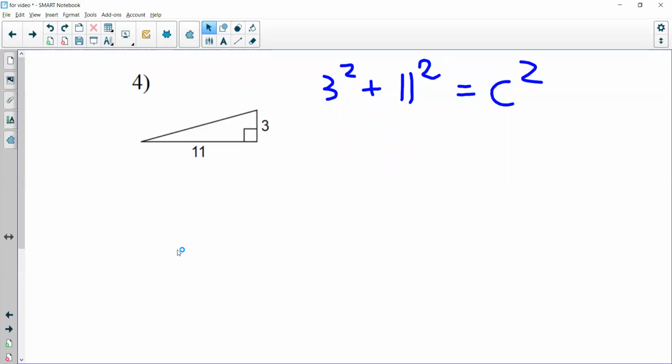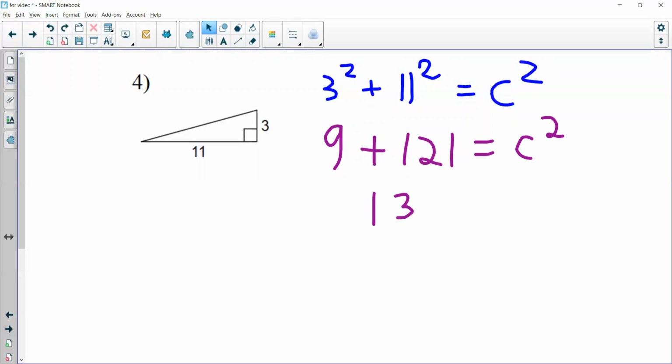To solve this, we will square our quantities, so we get 9 plus 121 equals c squared. 121 plus 9 is 130.